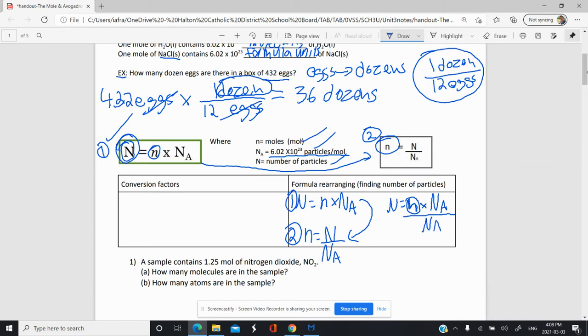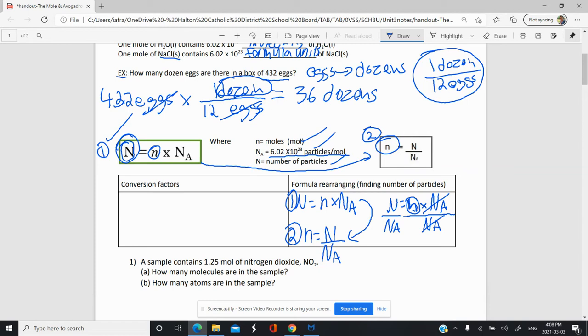So I'm going to divide by NA, and I have to do the same thing on the other side to keep everything fair, to keep everything equal. On the side that I've divided by NA that already had NA on the top, NA cancels out, and I'm left with little n alone. So I get little n is equal to big N over NA. So moles is equal to number of particles divided by Avogadro's number.